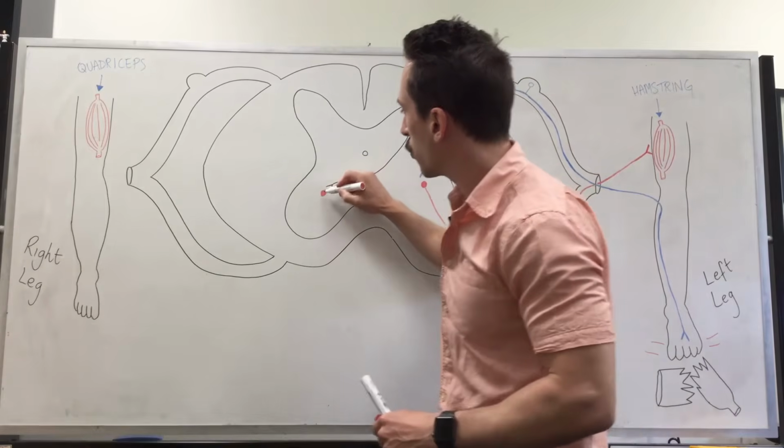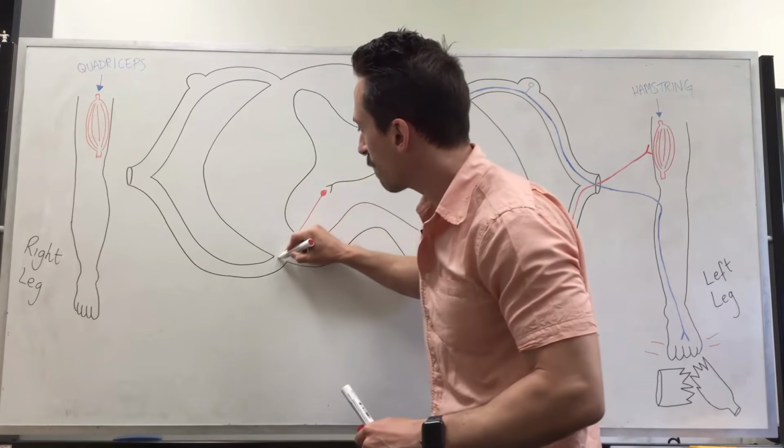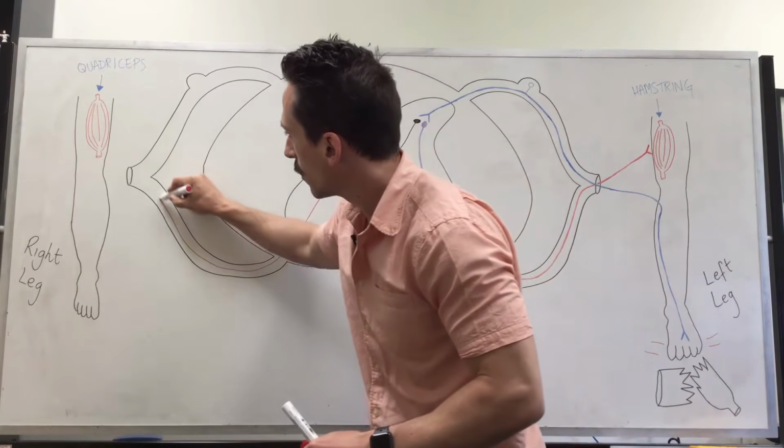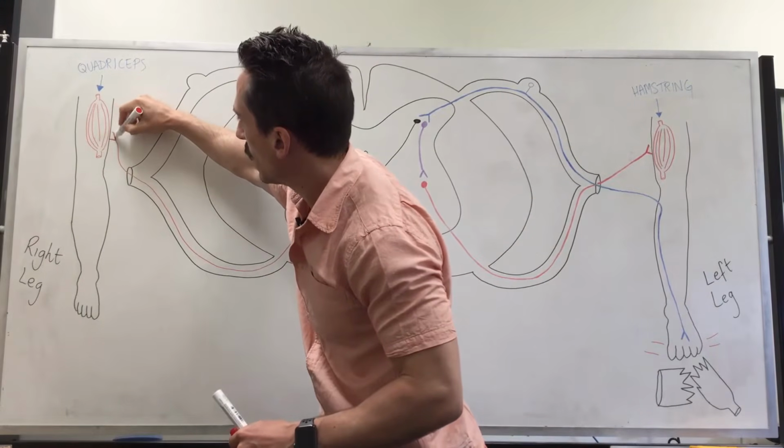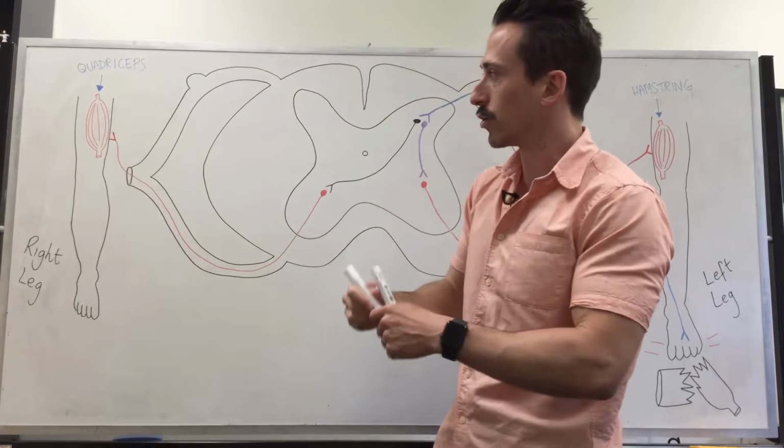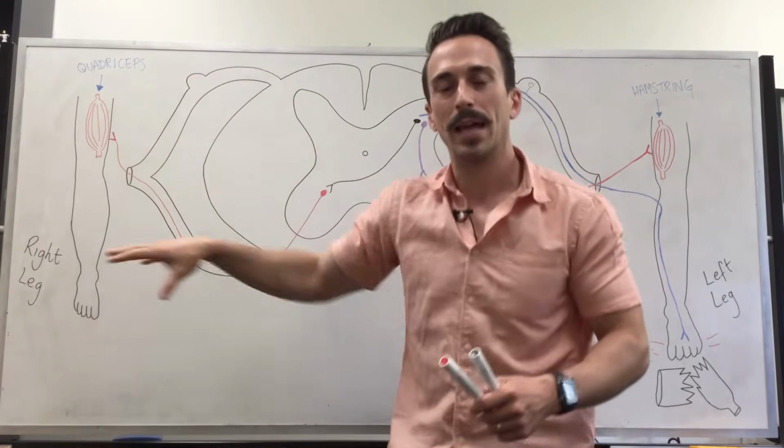And this motor neuron will send its efferent signal out and will synapse with the effector, which in this case is the quadricep, which will contract and plant that foot.